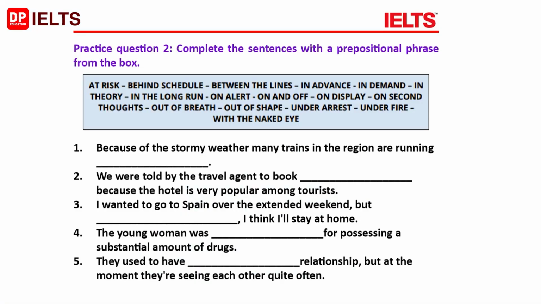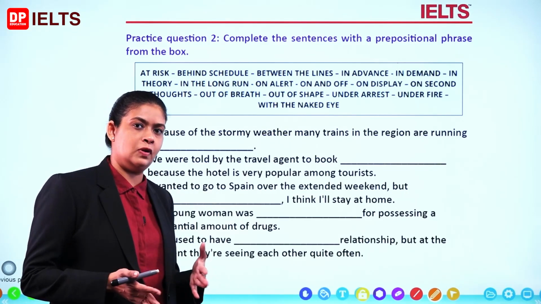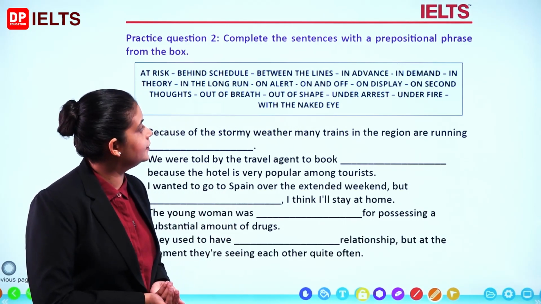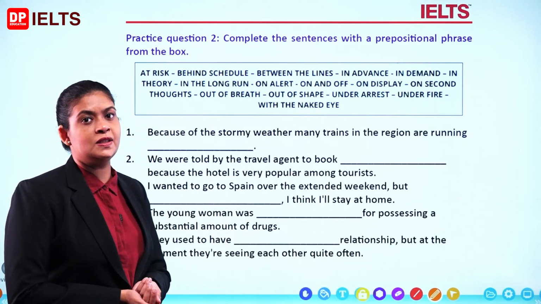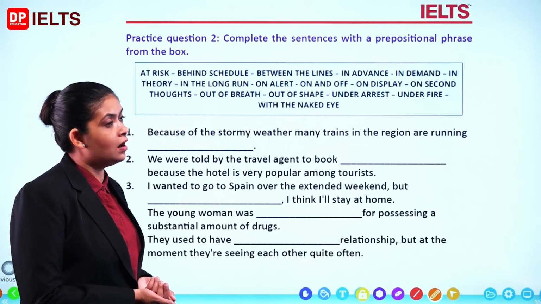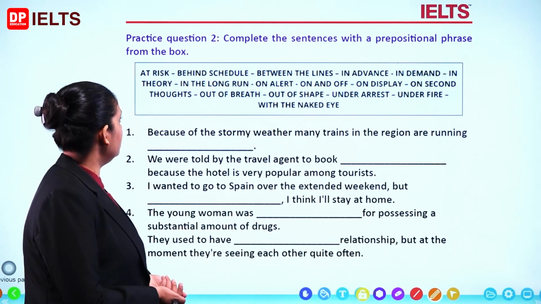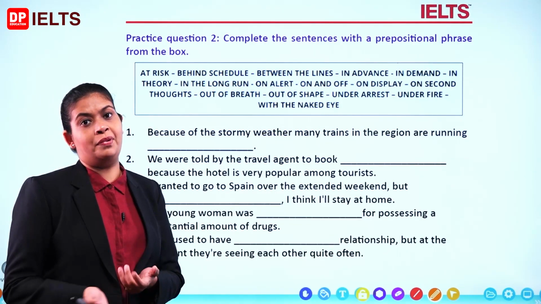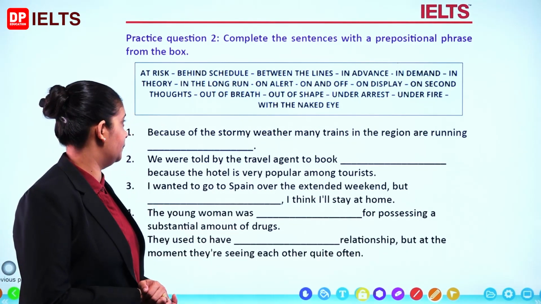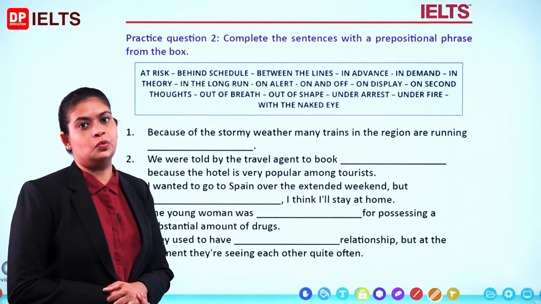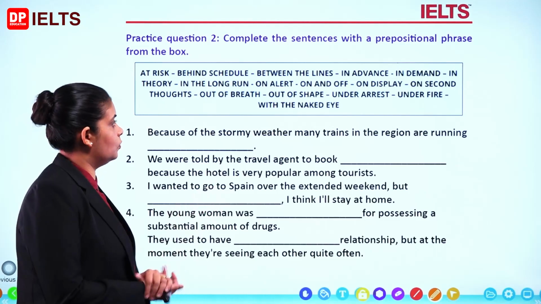Between the lines means if you listen more carefully, not think out of the box, but think exactly what he or she is trying to say, right? In advance, that means prior. In demand, that means people want it a lot. In theory means basically not practically, but theoretically. In the long run, again, when it's more like towards 1, 2, 3 years or more.